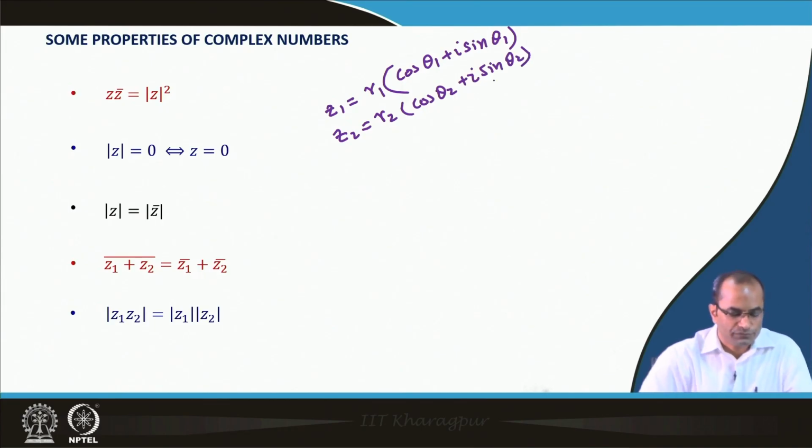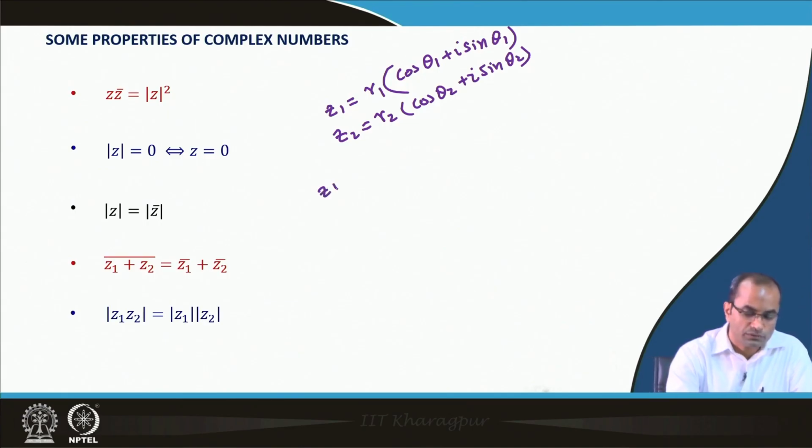These are the two different numbers, and we are talking about the product z 1 z 2. So this is r 1 r 2, and the product of the two will come.